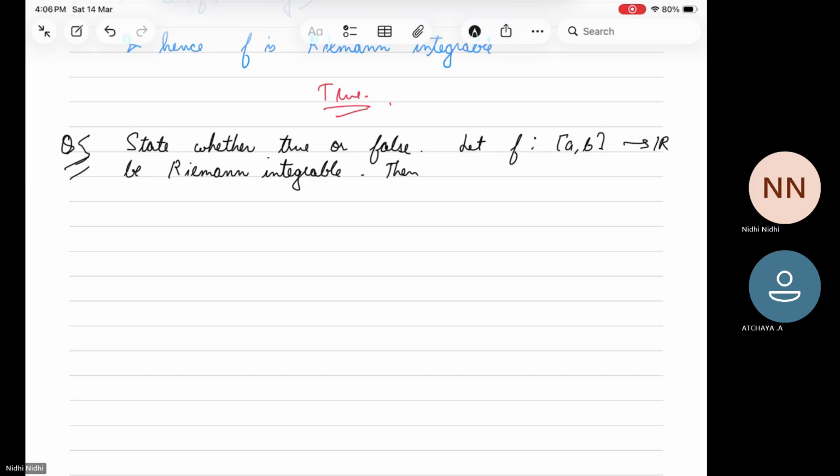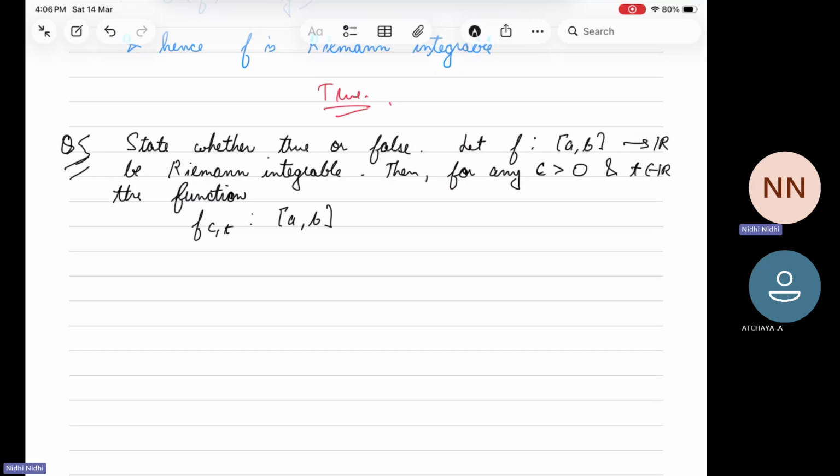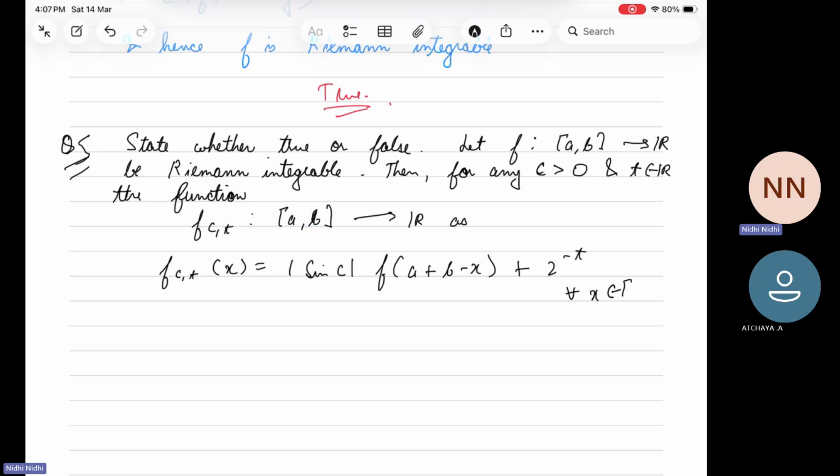Then for any c positive and t in R, the function f_{c,t} defined from [a,b] to R as f_{c,t} at any point x is equal to mod sin c times f at a plus b minus x plus 2 to the power minus t, for every x in [a,b].